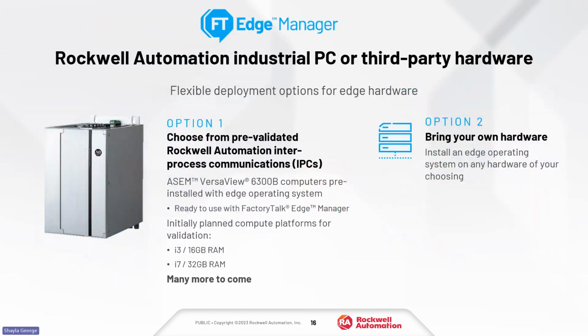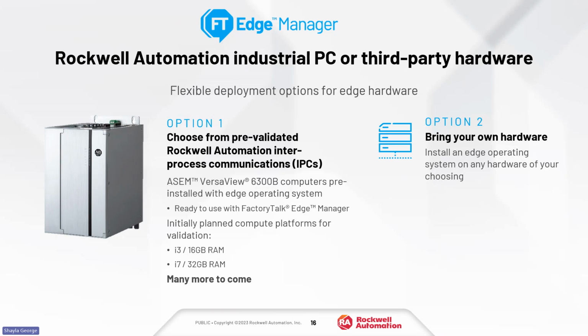With FactoryTalk Edge Manager, there are two options as far as what type of hardware you can use. From a Rockwell standpoint, we have pre-validated or certified edge devices in our 6300B family, with both i3 and i7 platforms.